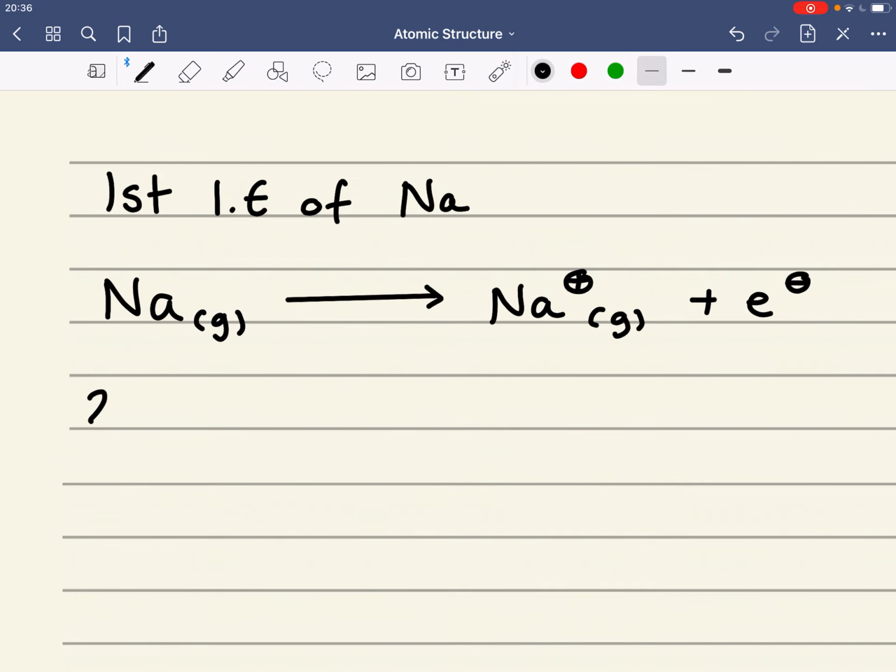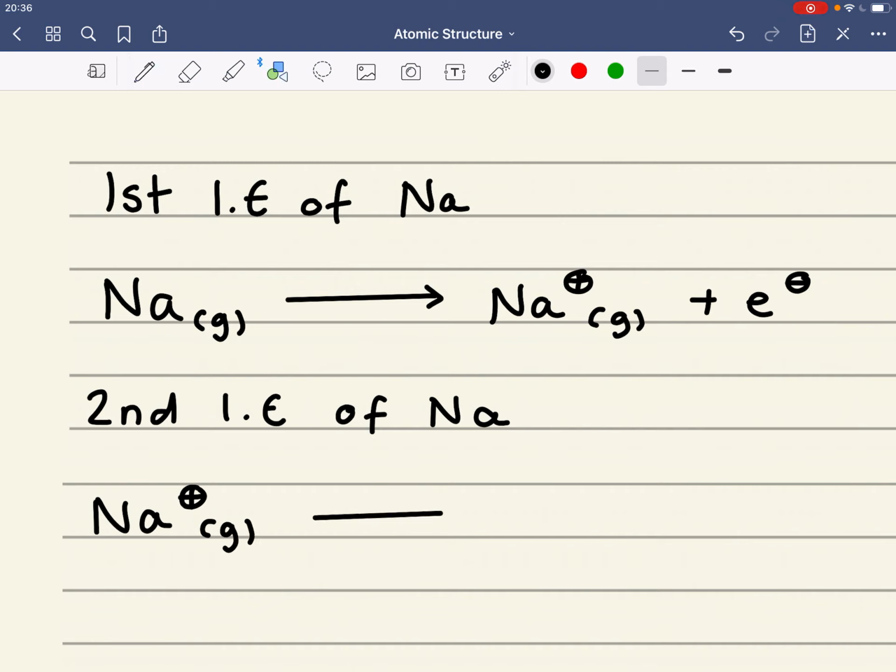The second ionisation energy of sodium would be the energy required to remove the second electron. And the equation here then would be Na plus, again we have to put state symbols in gas, to form a sodium 2 plus ion, and again plus an electron.